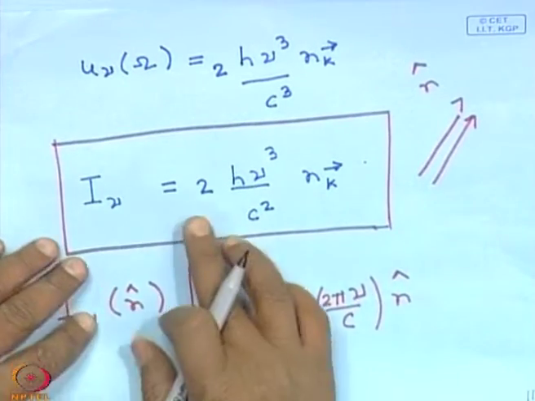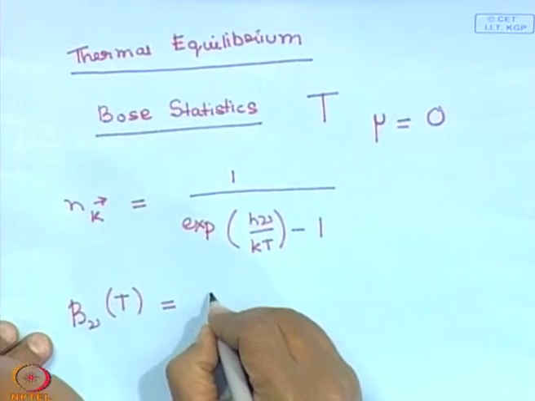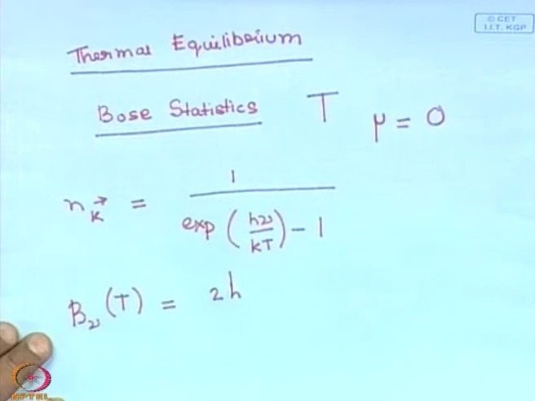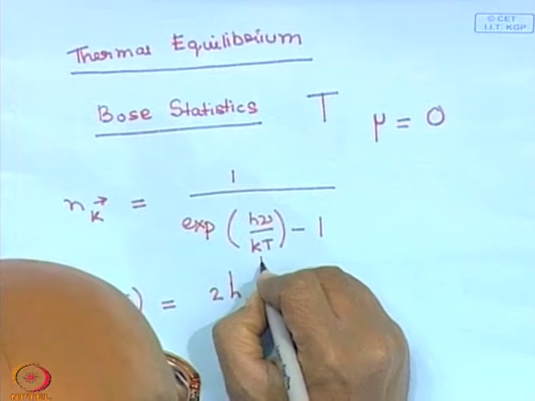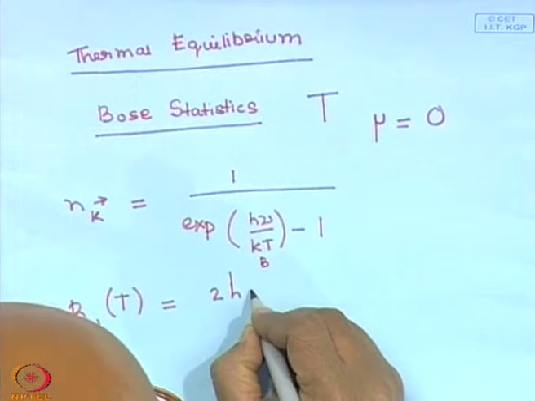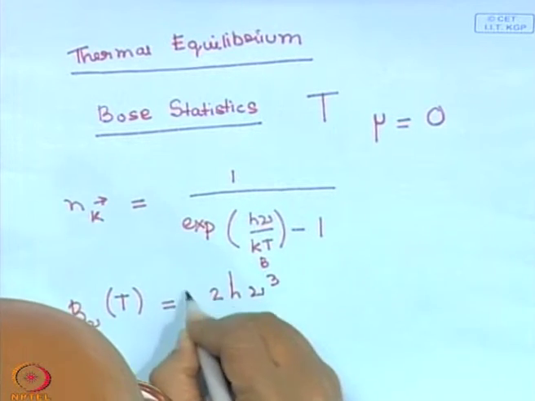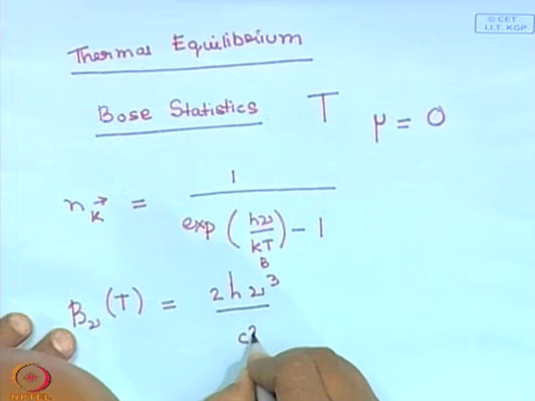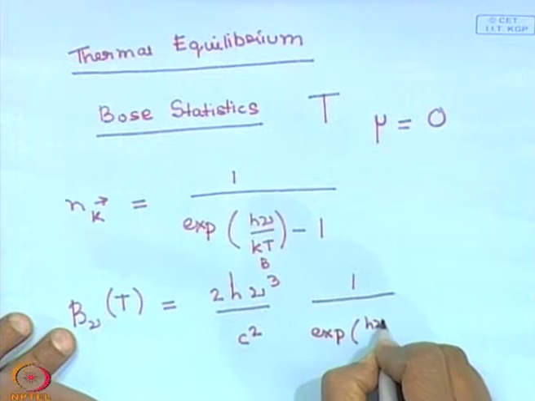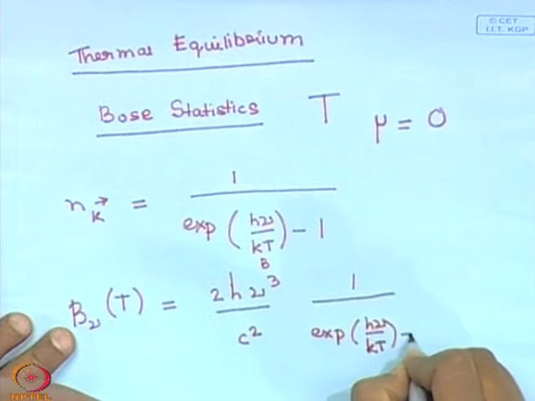Which is 2 h nu cube by c square into the Bose occupation number. Here h is the Planck constant, bear this in mind, and we shall use kb for the Boltzmann constant to distinguish it from the wave number. So, the Planck function is 2 h nu cube by c square, and here we have 1 by exponential h nu by kb T minus 1.